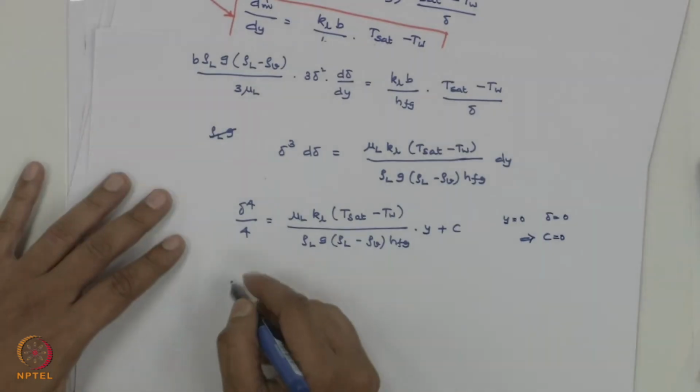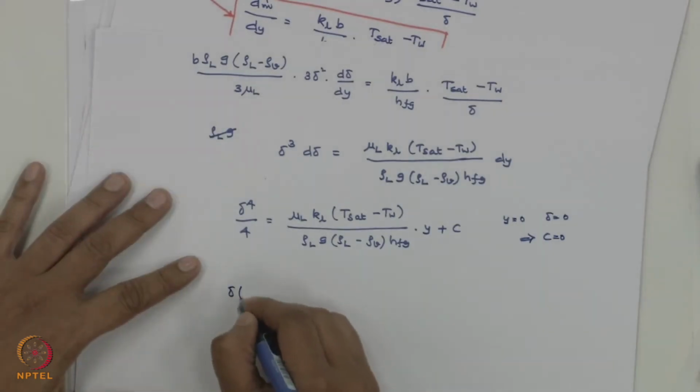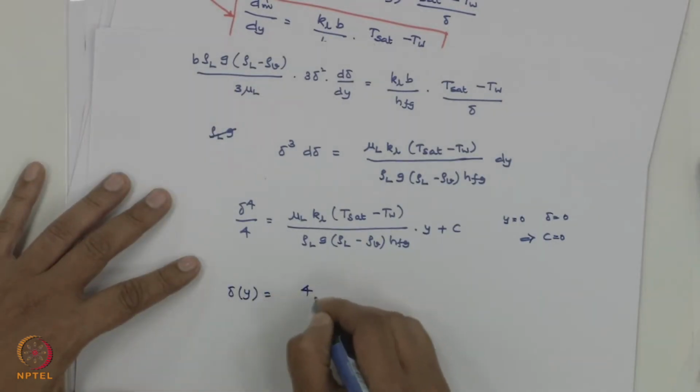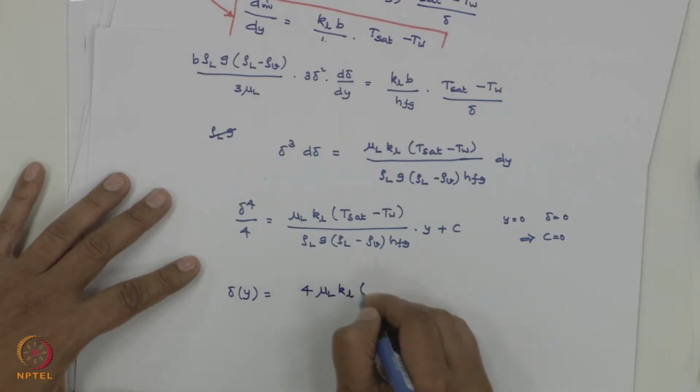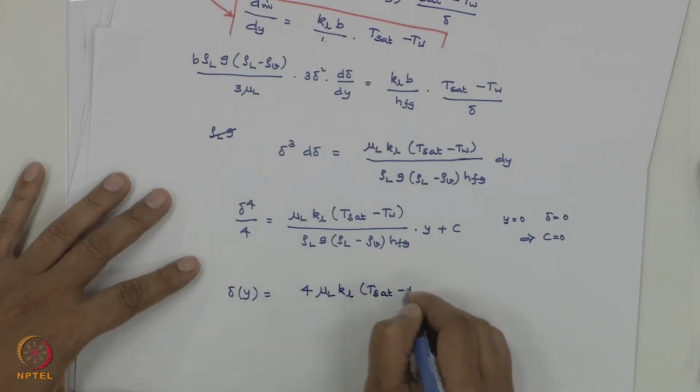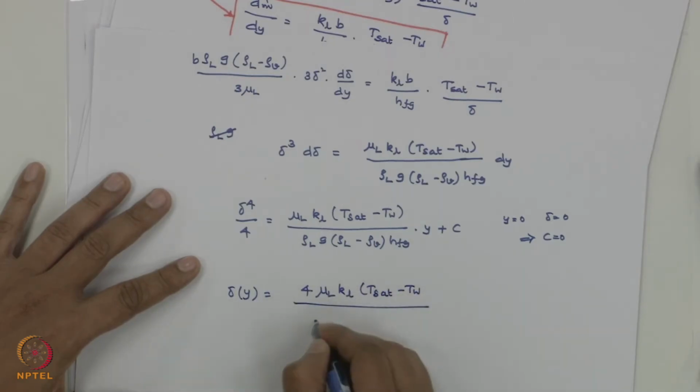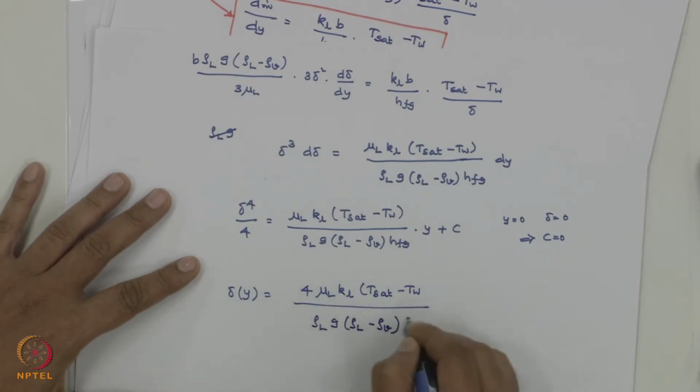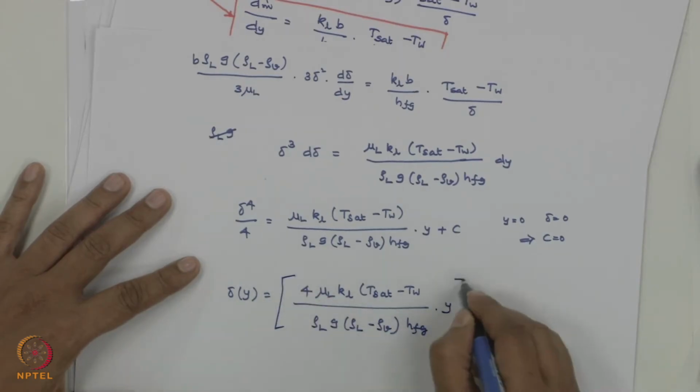So you get delta of y is equal to 4 mu L KL T sat minus T wall upon rho L g into rho L minus rho V into HFG into y to the power of 1 by 4.